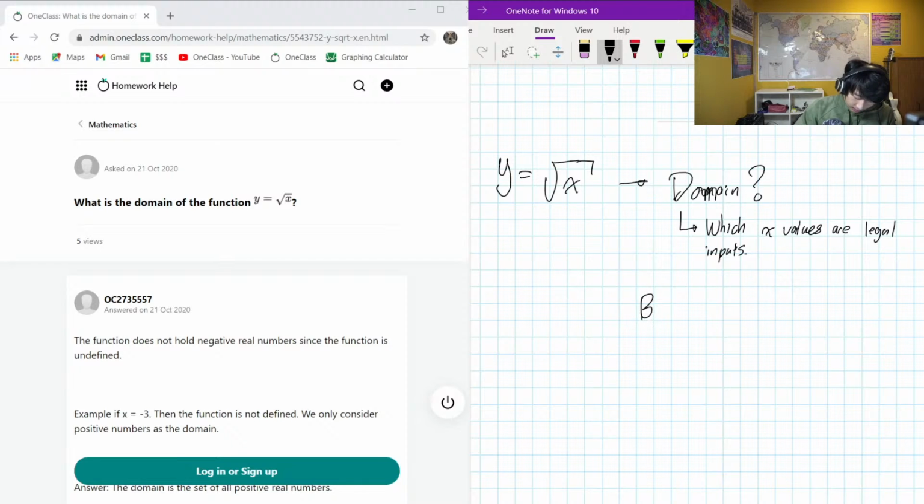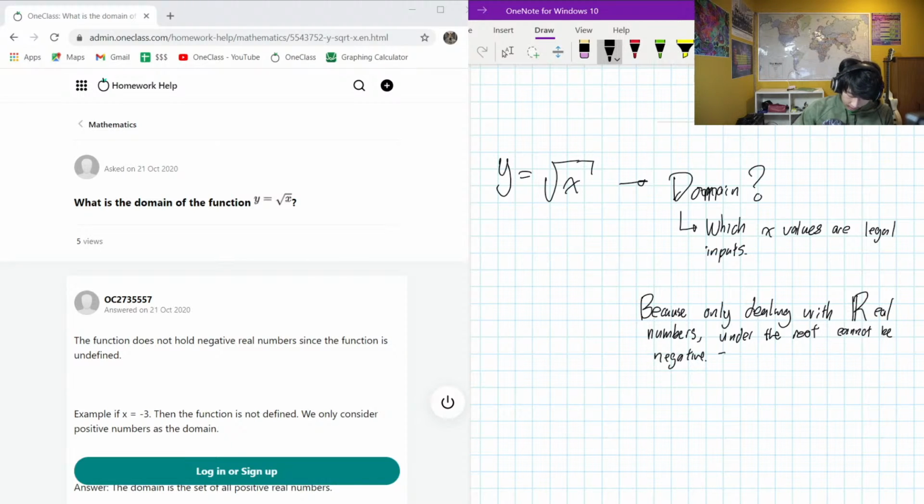Because we're only dealing with real numbers, what's under the root cannot be negative, but it can be 0. 0 is okay. 0 is good.